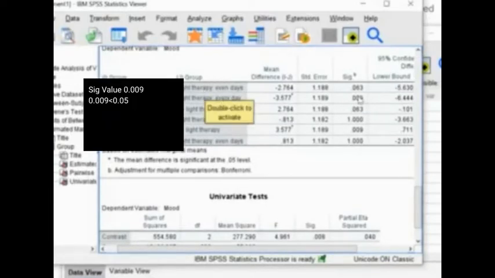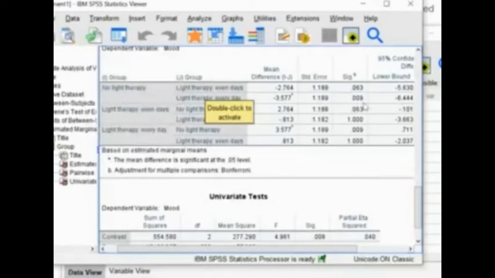However, there is a significant difference of 0.009 between the people that received no light therapy versus the ones that received light therapy every day. Since that's less than 0.05, I am rejecting the null hypothesis. I accepted it on the no light therapy versus light therapy for even days.